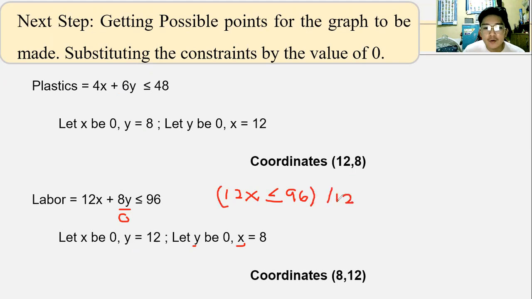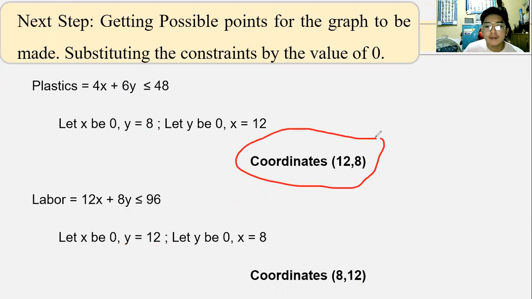So 12x divided by 12 is x, and 96 divided by 12 is 8. And from that, we now have our second coordinates. X is equal to 8 and y is equal to 12. Okay, so this one's the second coordinate. This one's the first. This one's the second.